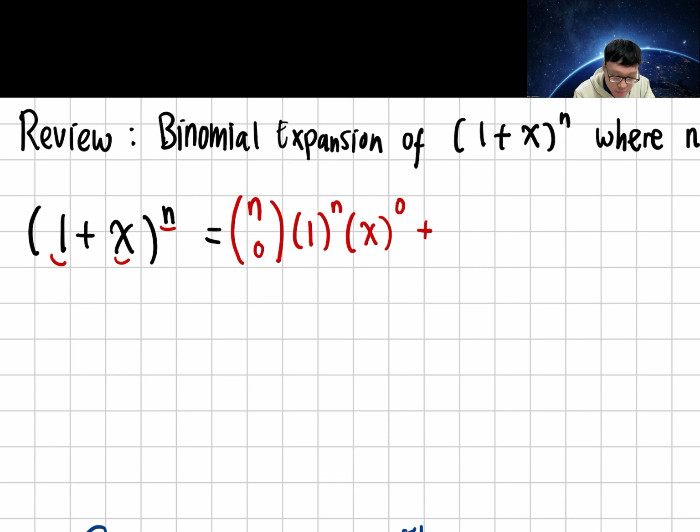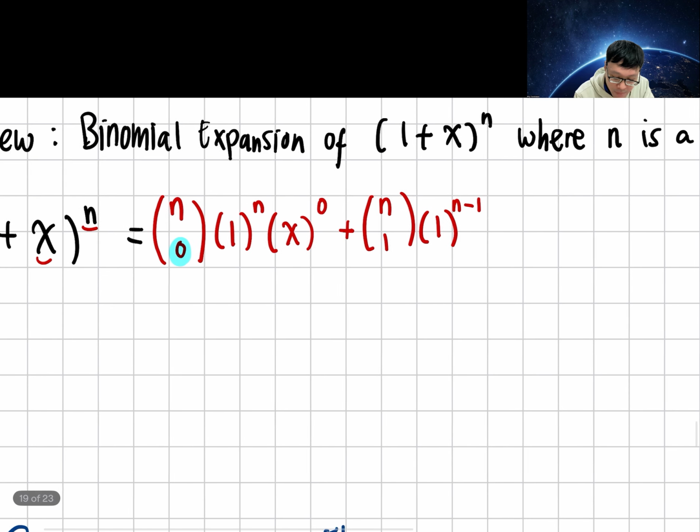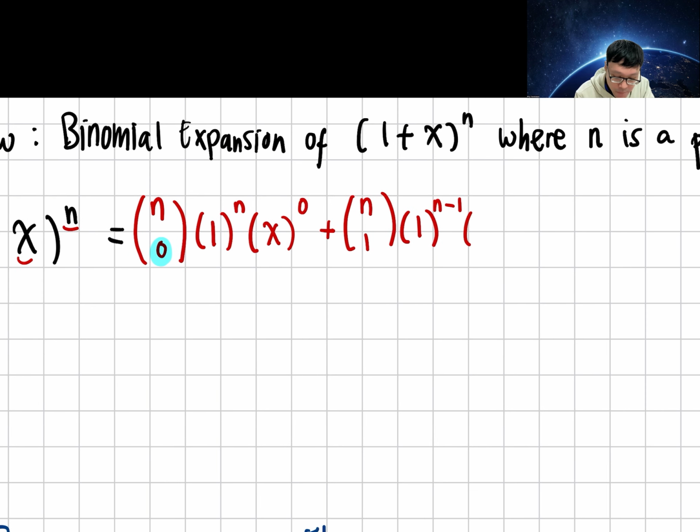For the next term, you increase the value of r at the bottom of the combination, so it becomes n choose 1. But the power of the first term, 1, decreases by 1 to become n minus 1, while the power of the second term, x, increases by 1 from 0 to 1.